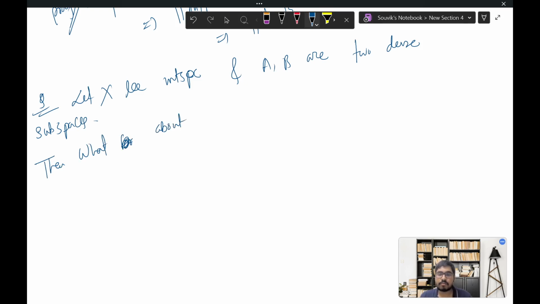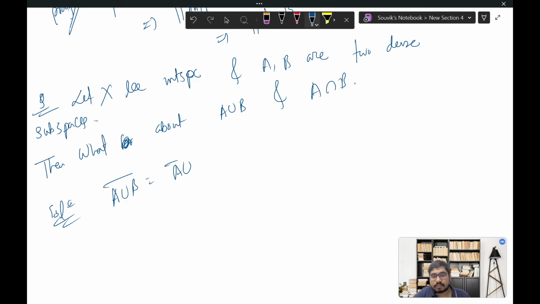What can we say about A union B and A intersection B? The point is that the closure of the union of two sets is the union of the closures. This is obviously X. So the union of two dense sets is dense. What about the intersection? The intersection may not be dense.